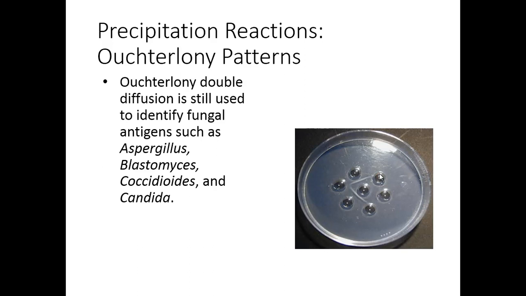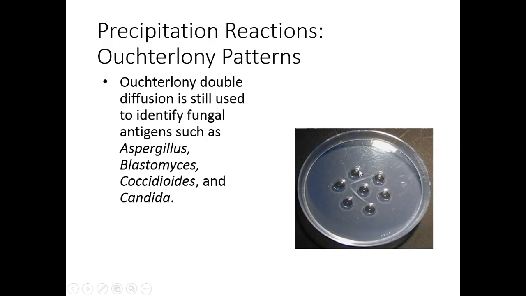This test is used most commonly for fungal antigens. It's frequently not easy to grow fungi, and nor are they very quick to grow. So you can sometimes identify fungal antigens like Aspergillus, Blastomyces, Coccidioides, and Candida.